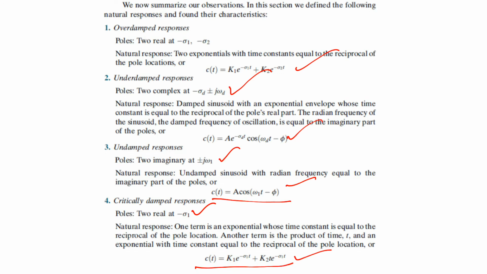So it is one of the easiest ways to do that. We have the transfer function of the system, and we can easily get the response of the system without going into the detail.